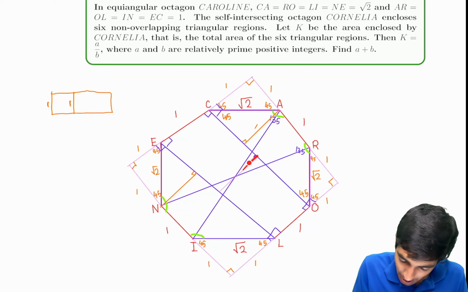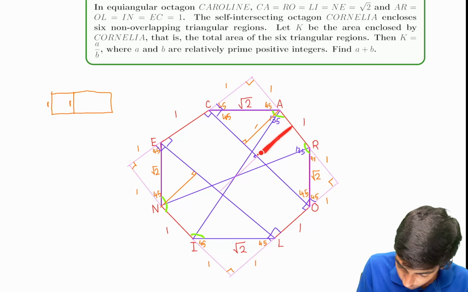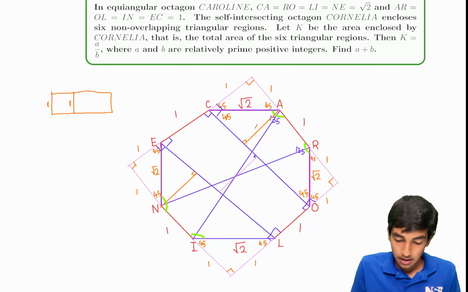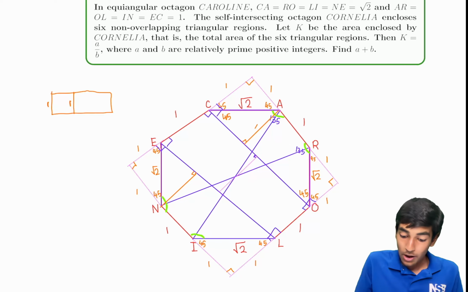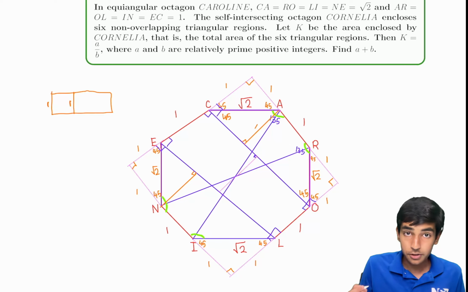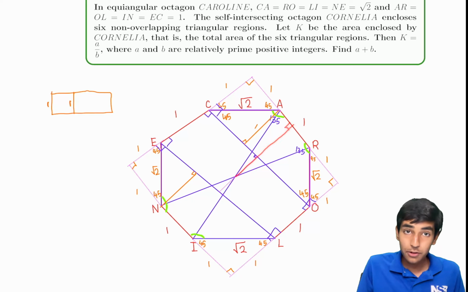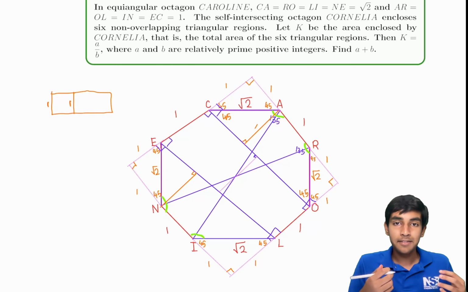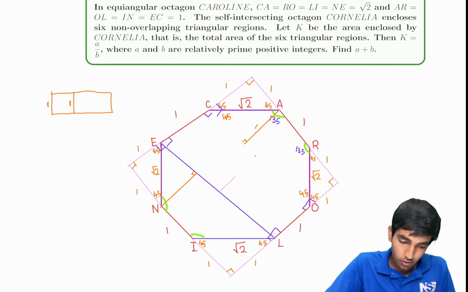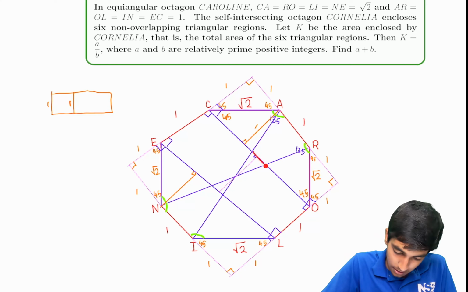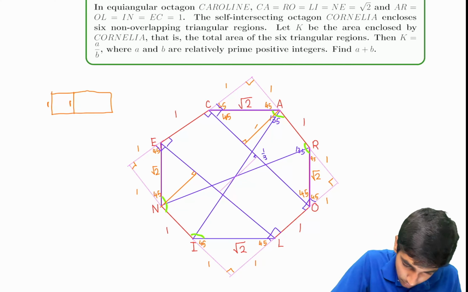Okay, the height of this is half, and this height over here is 1. This part is half, and this part is 1. So the ratio of this height, which is half, to this total distance, which is 3 halves, is 1 to 3. So the bases will also have a ratio of 1 to 3. And that makes this base 1/3 of this tiny triangle.